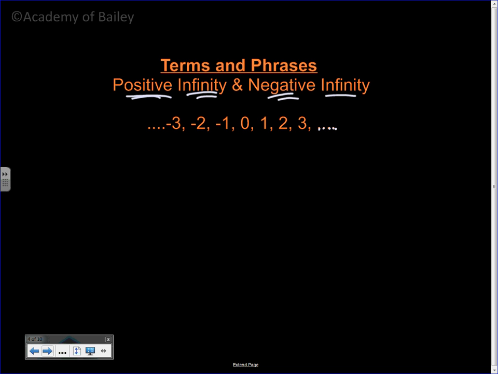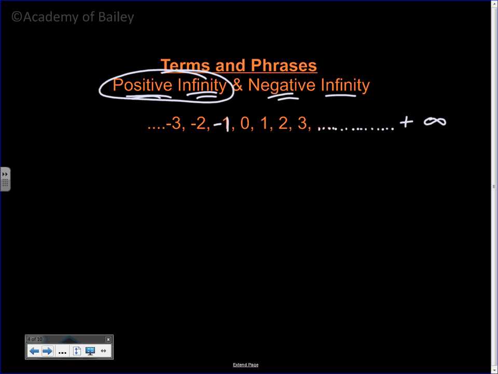And when it keeps going forever, where does it keep going towards? Well, that's what we call positive infinity. There's the positive sign, and there's the infinity sign. So those dots keep going to positive infinity.